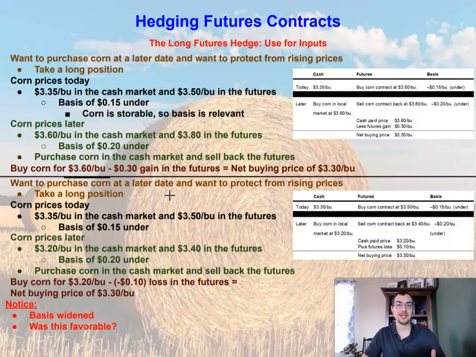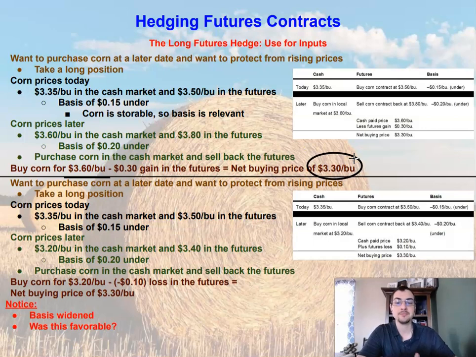Well, what do we do with that 30 cents gain in the futures? We use it to pay for that commodity that we're buying. So we take that 30 cents and offset that particular gain in the cash price. We use it to buy this commodity, and we wind up with a net buying price of $3.30.